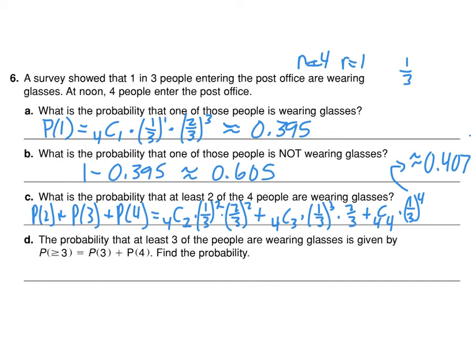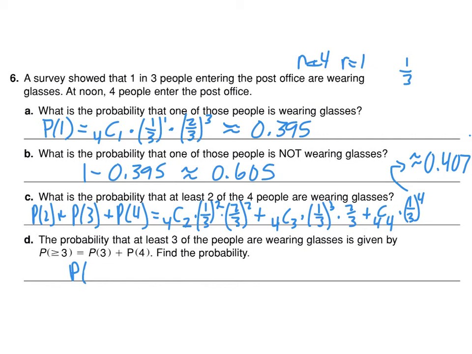In letter D, they're asking a similar question: what's the probability that at least 3 of the people are wearing glasses? What I like about letter D is it tells us you just have to do P3 plus P4. I don't know why they didn't do that in part C. But the idea is the same. We already did the math for P3 and P4 above, so I'm not going to rewrite it.